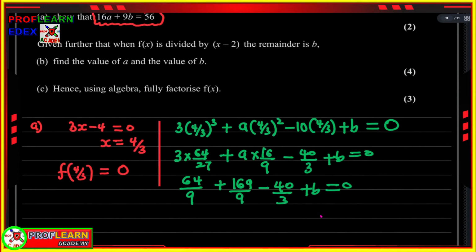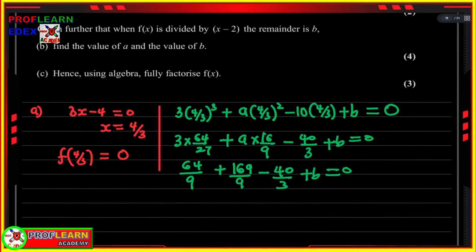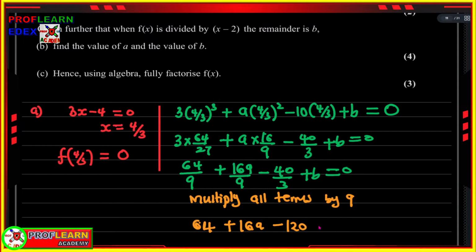So up to that point, you can multiply all terms through by 9, and we shall have 64 plus 16a minus, this is going to be 120 plus 9b is equal to 0.